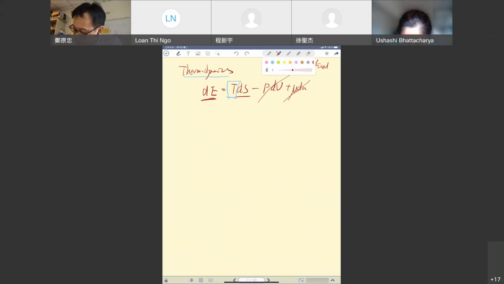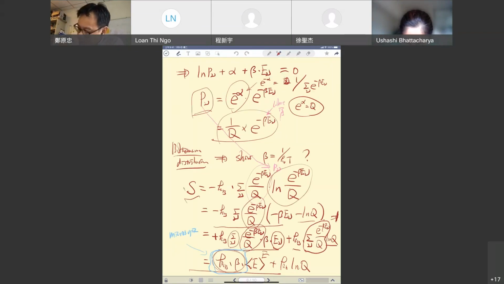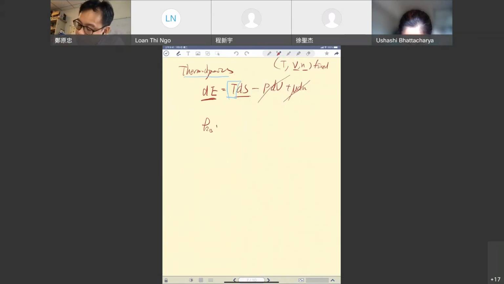So kB times beta must equal the thermodynamic temperature.